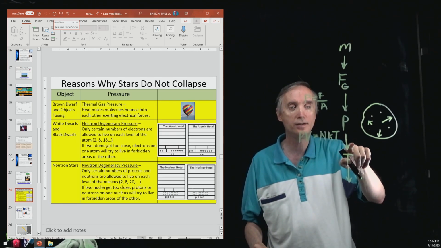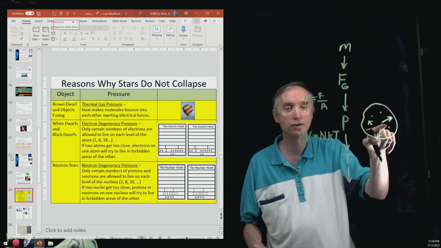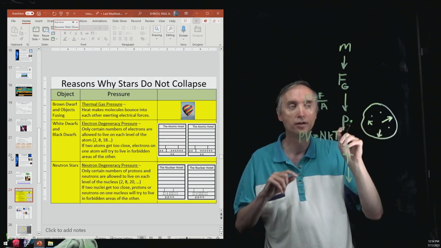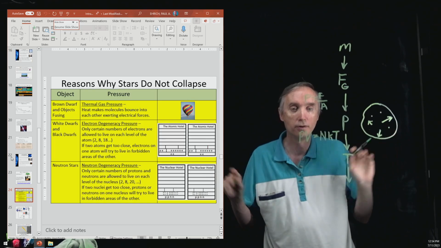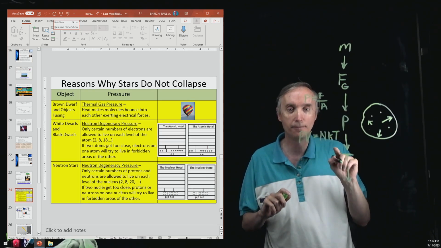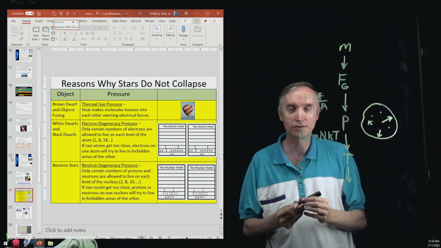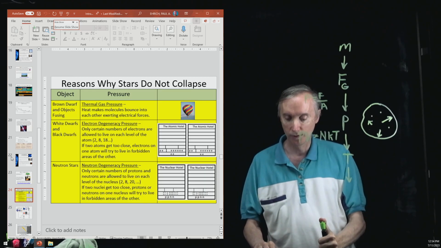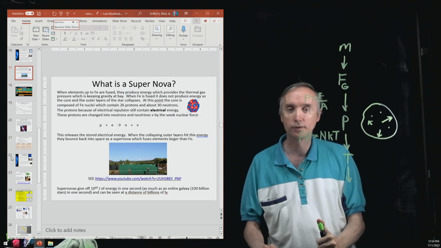If you raise the temperature of the air molecules in here, they start moving faster, and the faster they move, the harder they hit the edges of the balloon, and they exert more pressure. So it's a temperature thing. That thermal gas pressure depends on the temperature of the object. Okay, so let's go back to what we were talking about here.